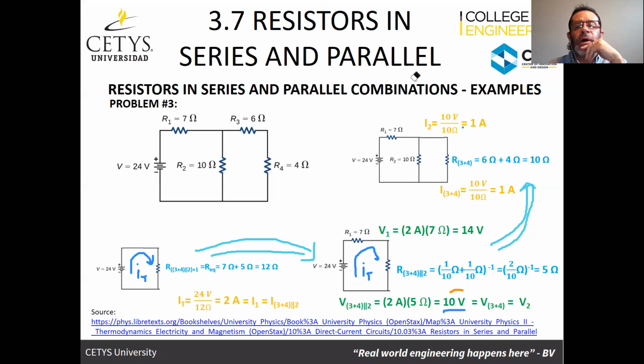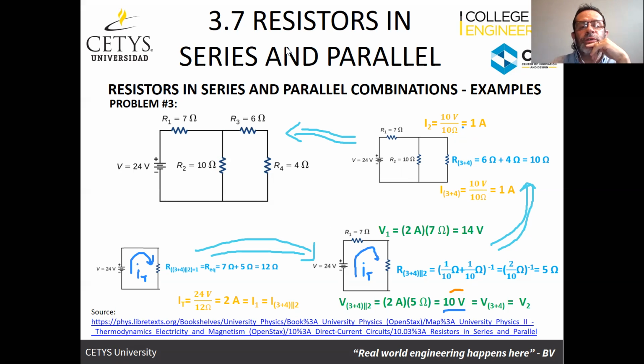Now we go back over here. And we know that the current that's passing through I2 is going to be the current that we've got for this part of the circuit over here with R1.